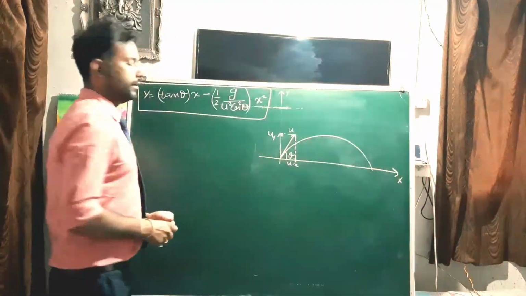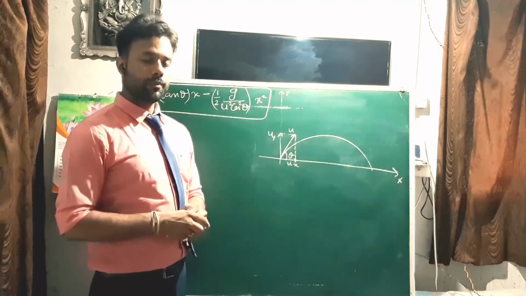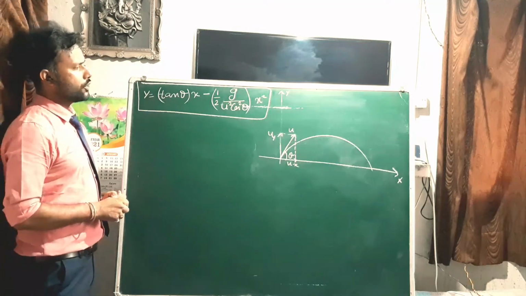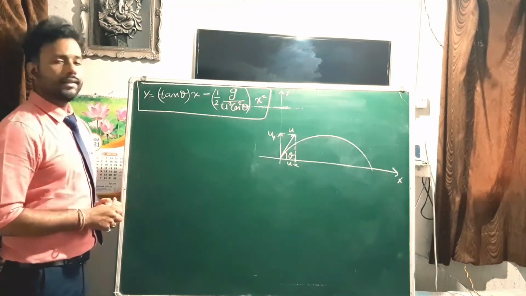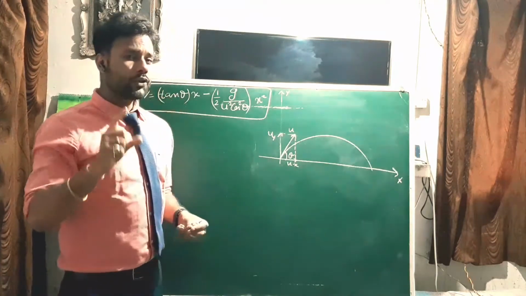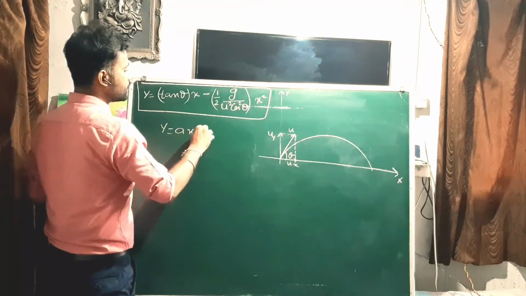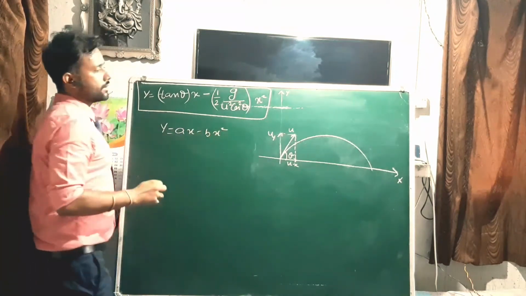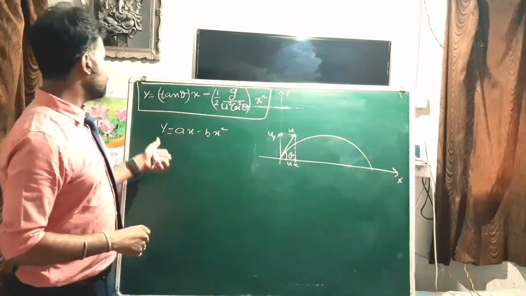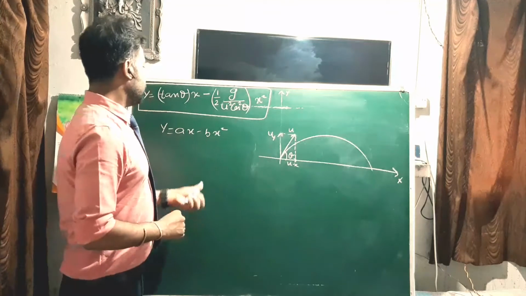So this is the equation of the path of the projectile motion. When you compare this equation with the standard equation of a parabola, y equals ax minus bx square, where a and b are constants, you can see here tan theta and g are all constant terms.